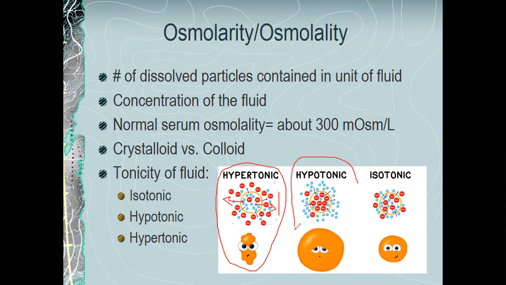With hypotonic, we're going to have the opposite. It's going to have a lower osmolality than serum. So if it has a lower osmolality than serum, it's more water, less concentrated. So this water is going to go into the cells because there's a higher concentration of salt inside the cell. So water is going to go into the cells and create this big bloated cell.